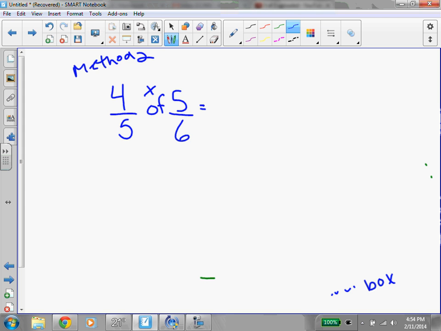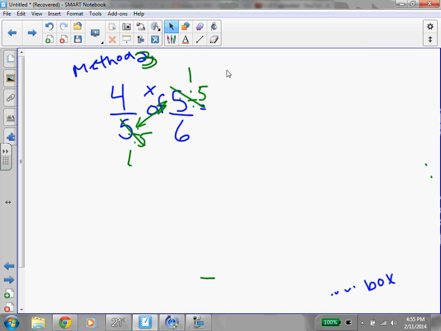That's what you're going to use to figure out how much she used for the dress. And I'm going to cross simplify. I'm going to use these two numbers, the numerator on the right and the denominator on the left. What number can go into 5 and 5? Well, 5 can. 5 divided by 5 equals 1. 5 divided by 5 equals 1. This is actually method 3. Sorry about that. Method 3.